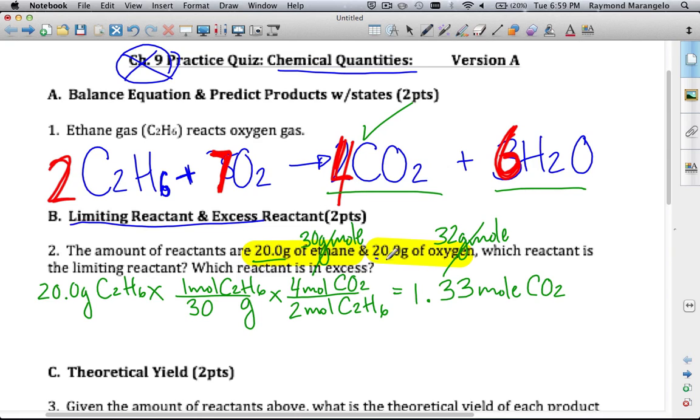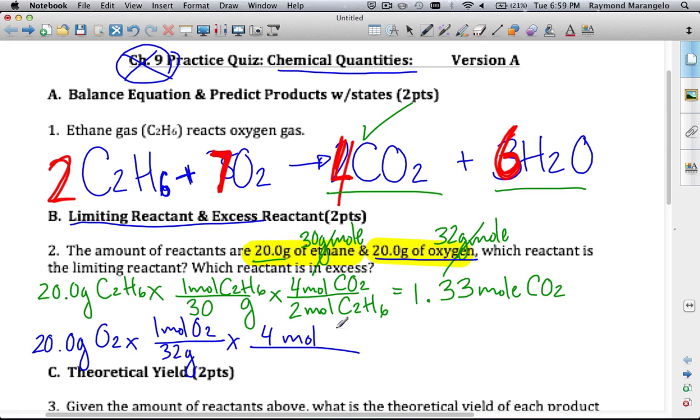Let's see how much CO2 I could produce with 20 grams of oxygen. Let's check that out. 20 grams of oxygen, 1 mole of O2 is 32 grams for every 1 mole, times 4 moles of CO2 for every 7 moles of oxygen. Where did I get this 4 and this 7 and this 4 and this 2? I got the 4 from right here. There's my 4.